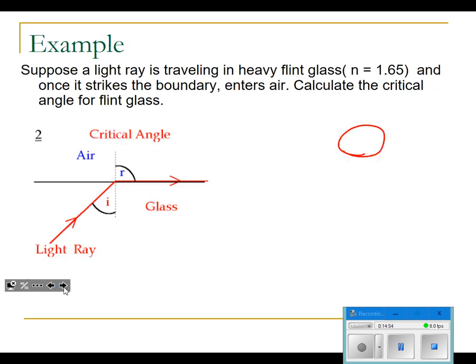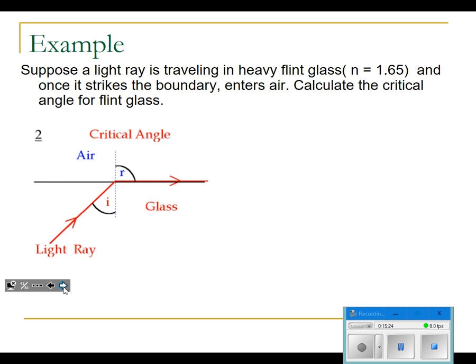So, suppose a ray of light is traveling in heavy flint glass, which we know the index of refraction for is 1.65, and once it strikes the boundary, it enters air. Calculate the critical angle for that flint glass. So again, I gave you this particular picture. I recommend putting it in the example in your notes as well. So we want that refracted angle to be 90 degrees if we want to find a critical angle.